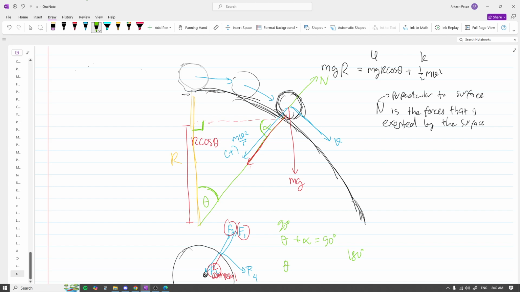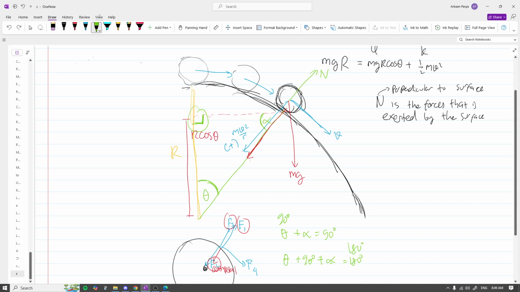So theta plus this is 90 degrees plus something is 180 degrees, and something is alpha. From the fact that alpha plus theta is 90 degrees, we also know that this angle is alpha. I hope that makes sense.